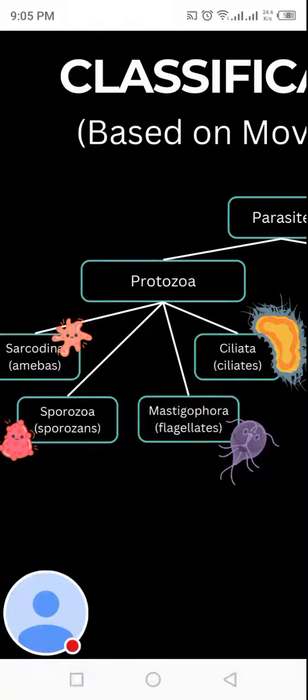And sporozoans are the ones that do not move. They've got no motility apparatus which can help them move. The third one, the mastigophora, are flagellates, which have the flagella that help them to move, as their name shows. So Giardia lamblia is one of those, and we're talking about it in today's video. The last one, ciliata, they've got cilia around them which help in their movement.